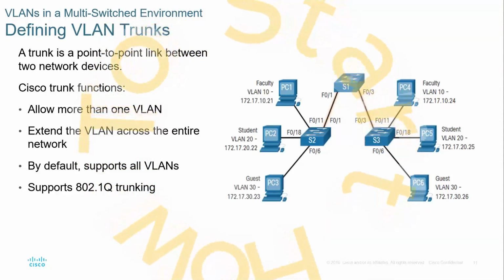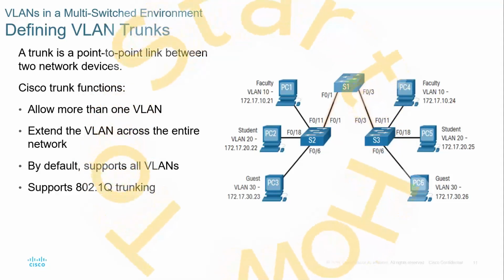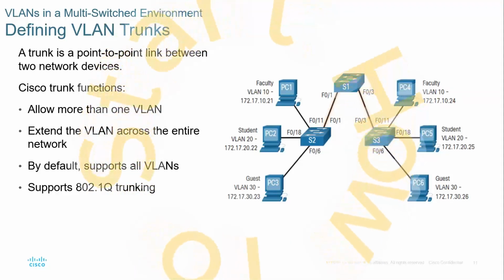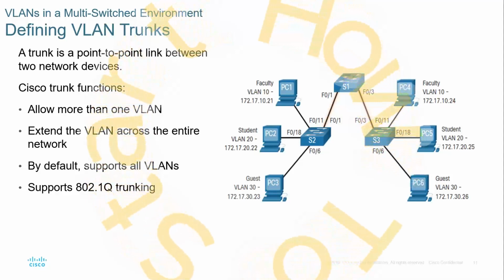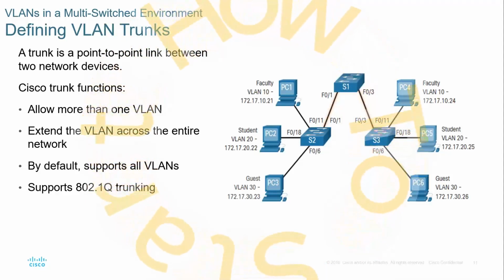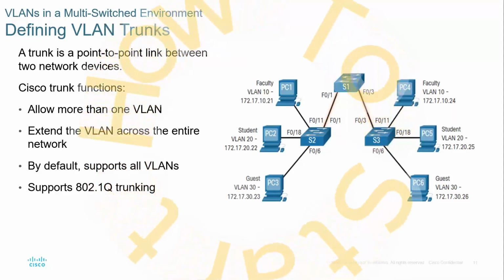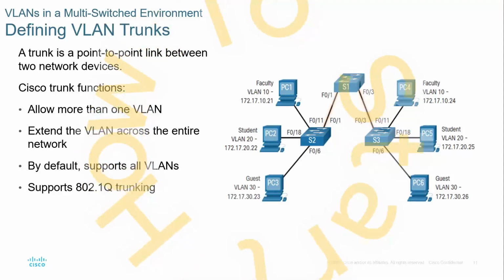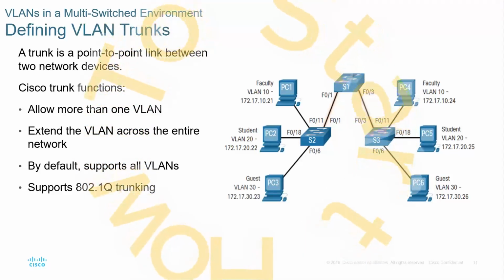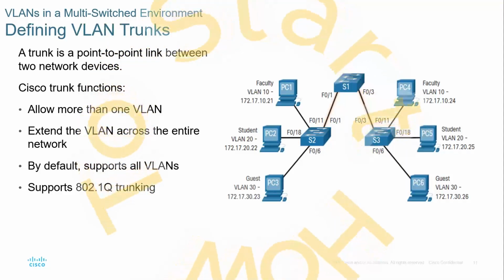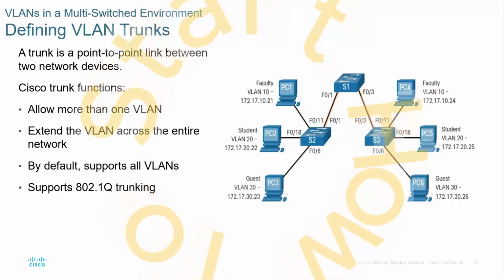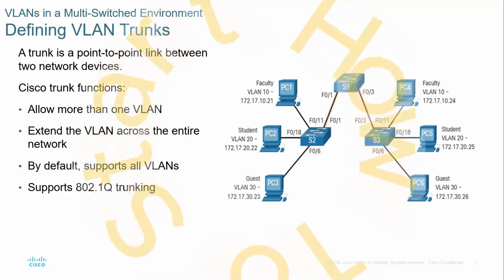A Cisco trunk allows for more than one VLAN to communicate over that connection. It will extend VLANs across the entire network, and by default, it will support all VLANs, and it does support the native 802.1Q trunking protocol. That is an older protocol, but that is the current default trunking protocol.